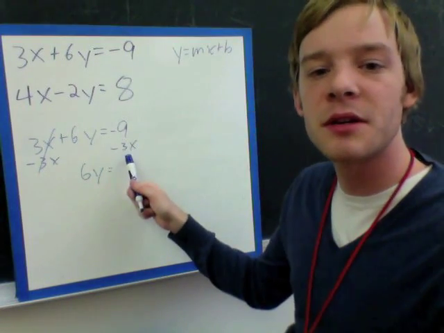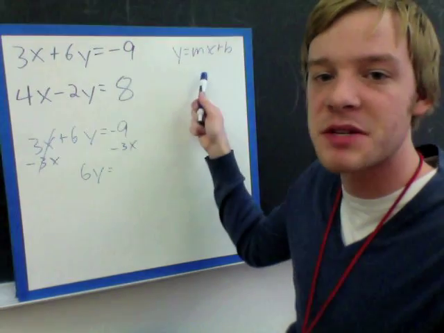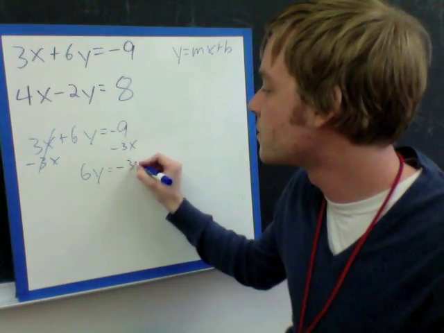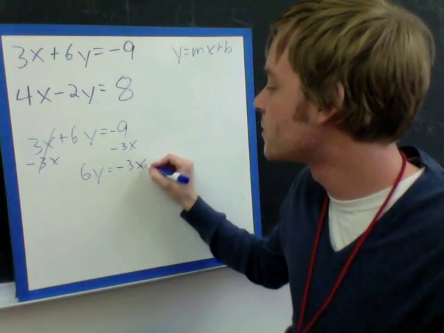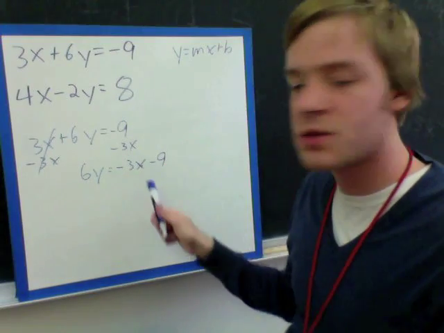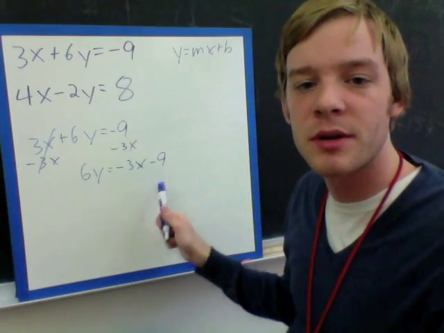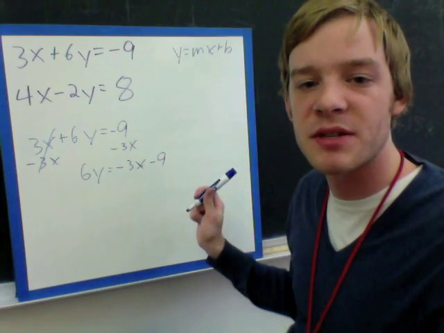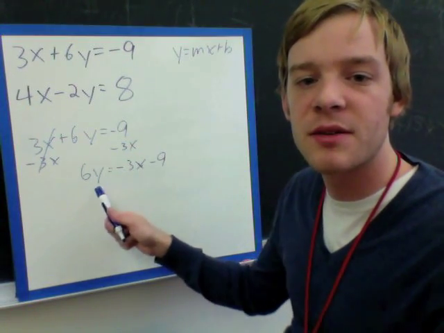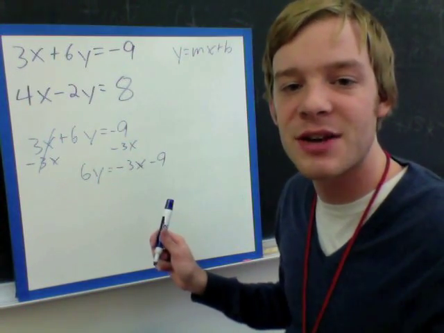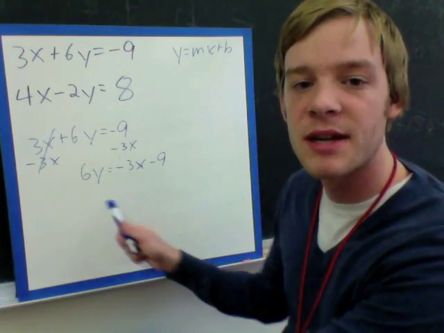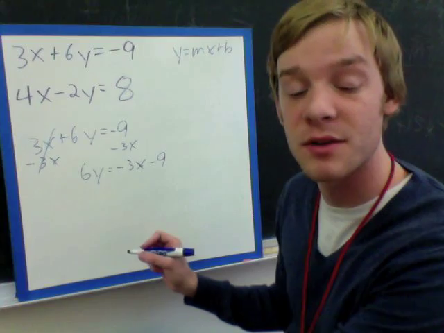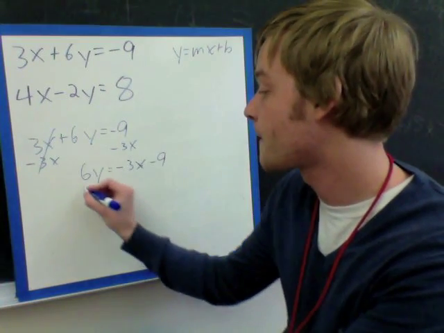Now I need the negative 3x to come first because I know the x term comes before the b. So these two things stay separate, but I now have 6y equals negative 3x minus 9. In order to get the y by itself, I need to get rid of the 6. And since the 6 is multiplied by y, I have to divide both sides by 6.